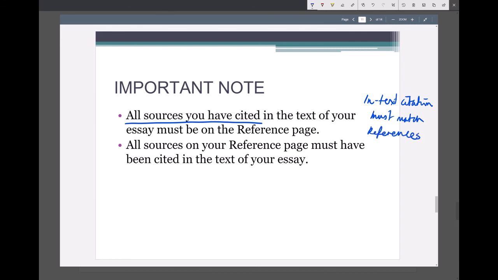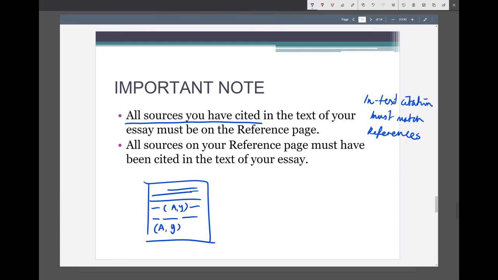Now, what this means is two things. One, you write your essay and you cite. There you go, first line indent. And you make your citation here with an author and a year, and then here you cite again with the year.